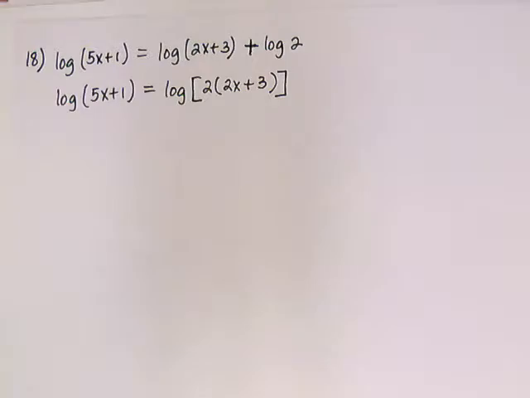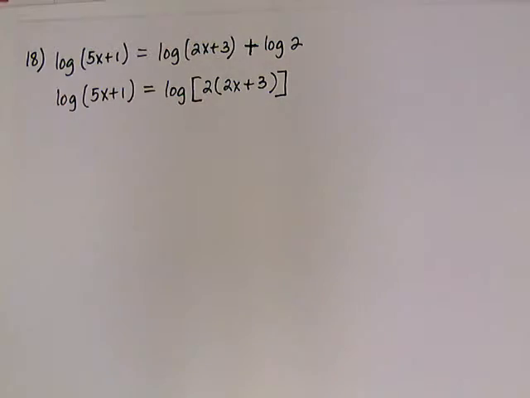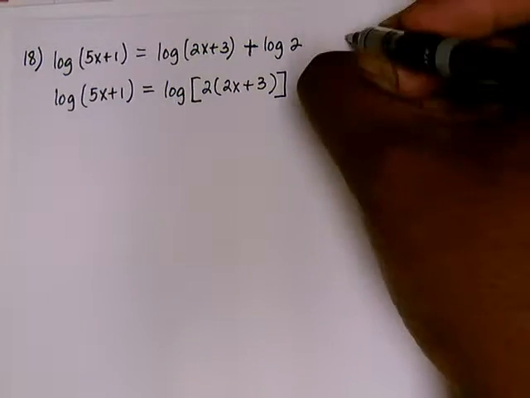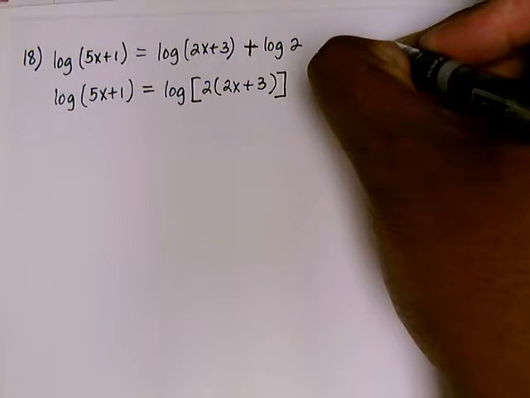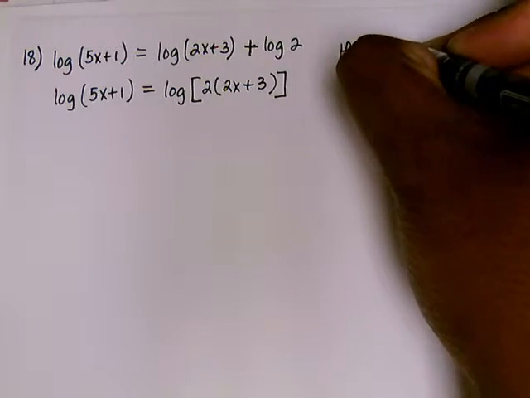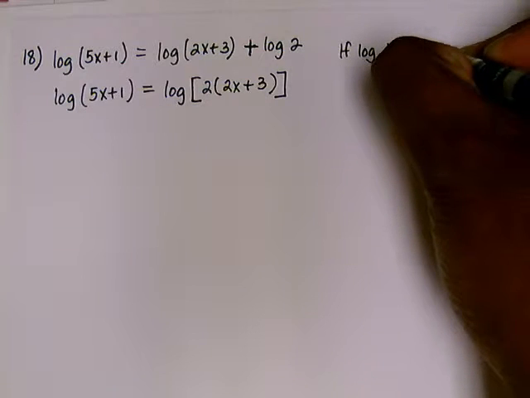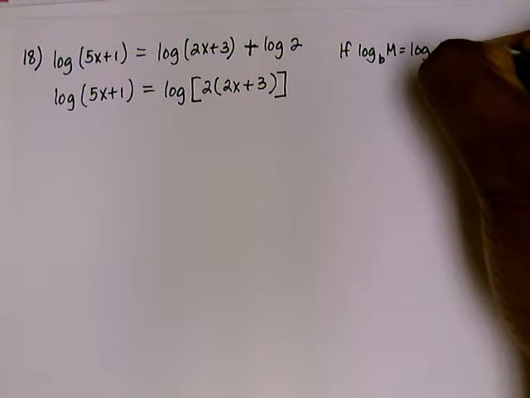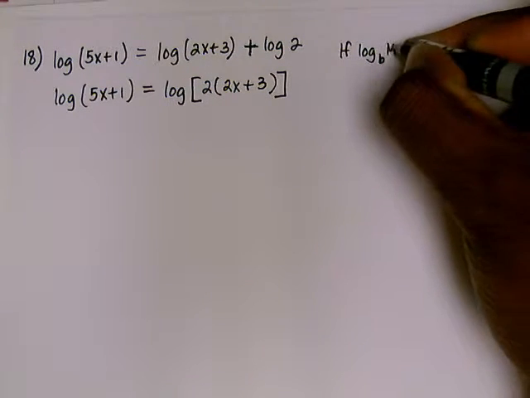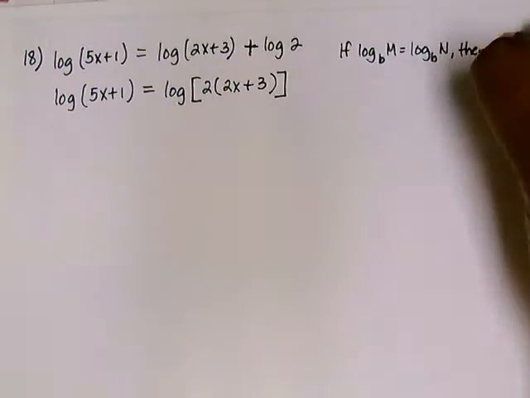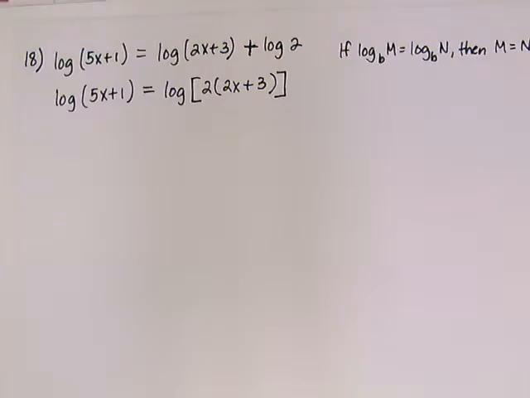Now I'm going to use the one-to-one property. That one-to-one property states this: if you have log to the base b of m equaling log to the base b of n, then I can say that this expression equals that expression. M is equal to n.